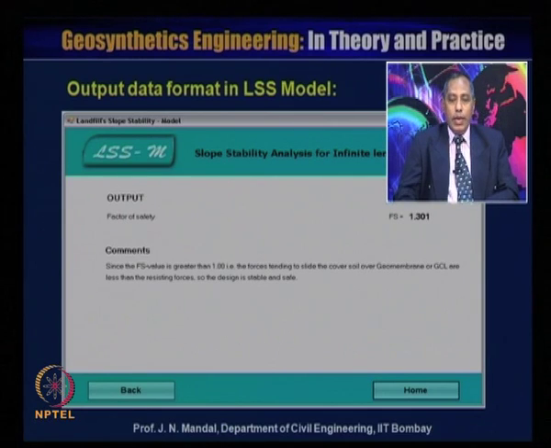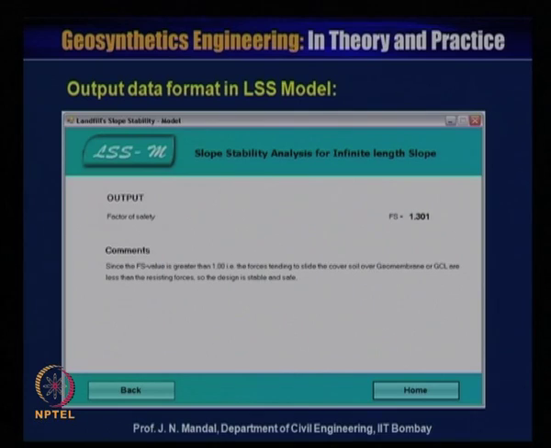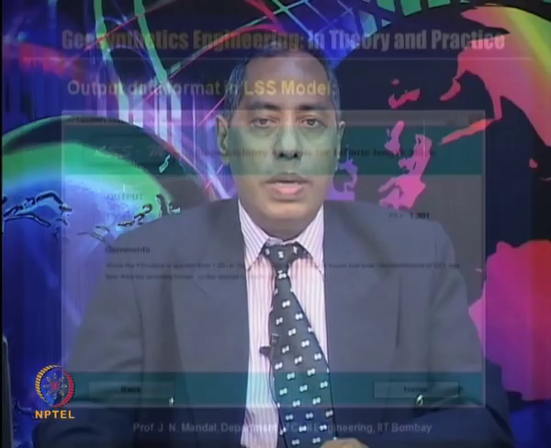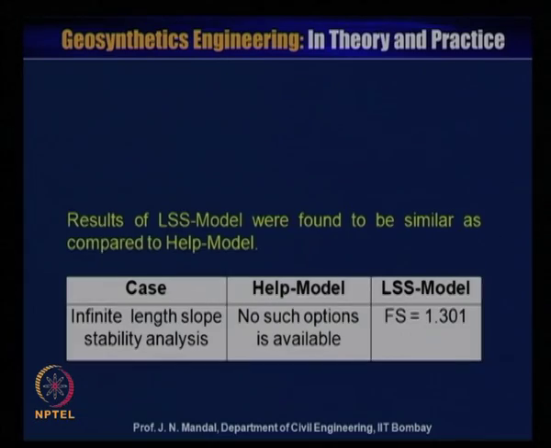So, the design is stable and safe. We see that in this model you can just put in the properties of the soil and the properties of the geosynthetic clay liner or geomembrane material, and then you can determine the factor of safety. That way you can do the slope stability analysis.